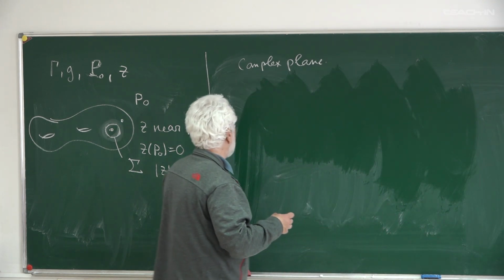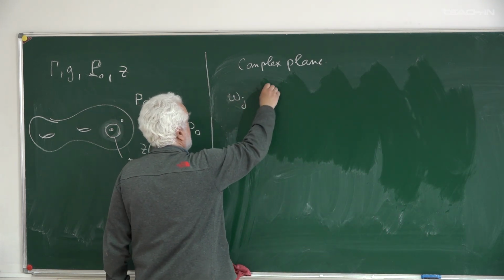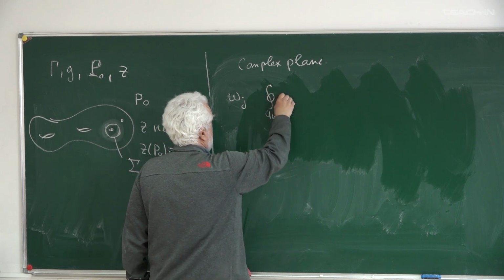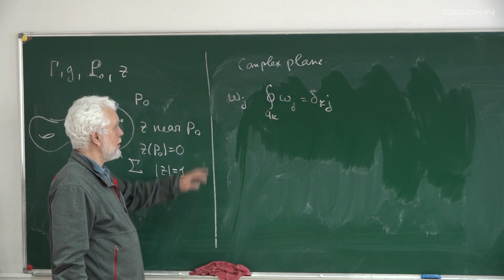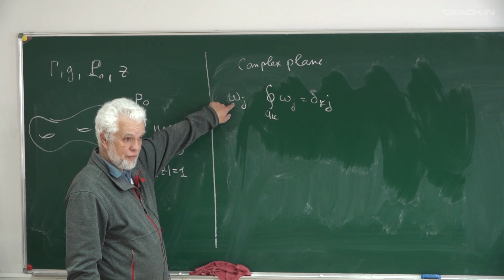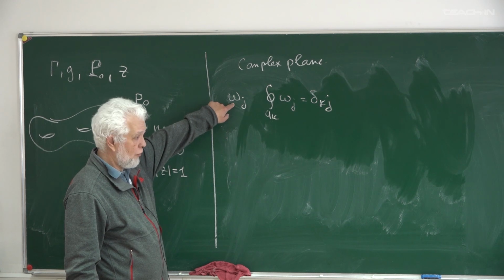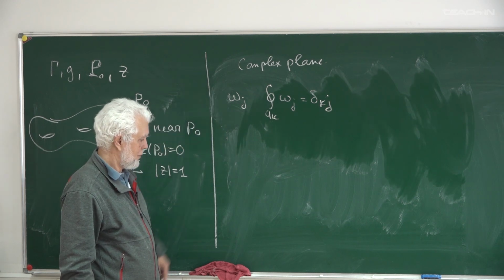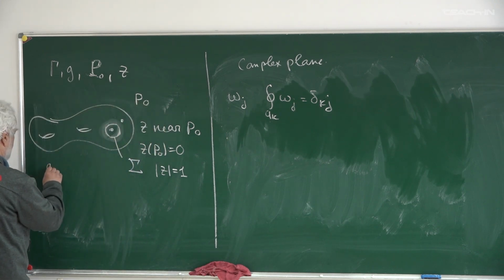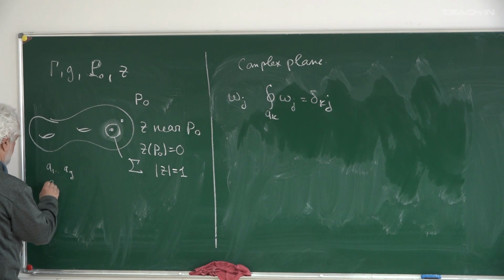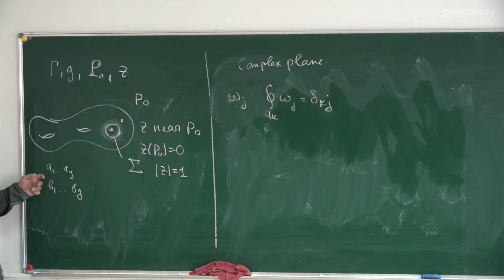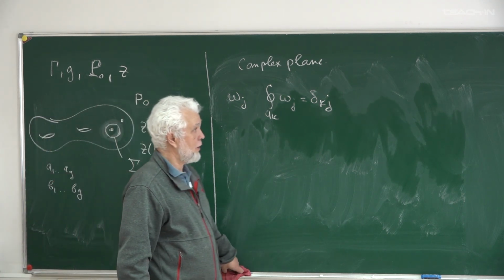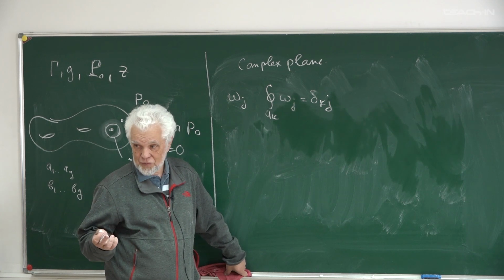Assume that we have differential omega j, one of the basic holomorphic differentials. Remember, we have a basis of holomorphic differentials. We assume that we have a basis of cycles. Now, we modified the complex structure.